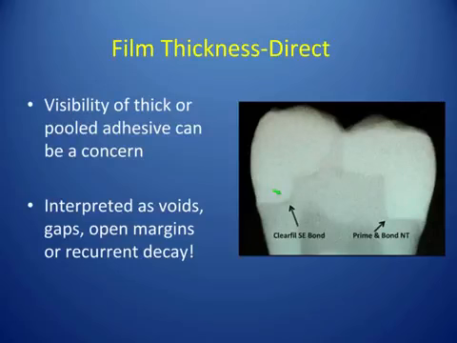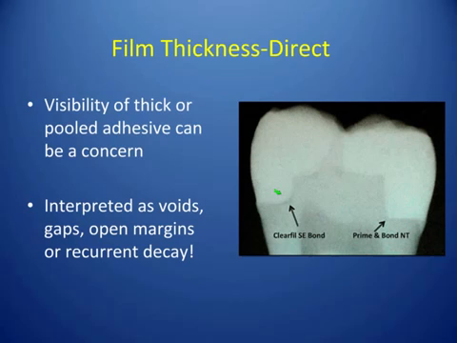The reality is it may just be thick adhesive, but that opens us up for the opportunity of misdiagnosis, of poor communication between clinicians, especially in multiple practitioner offices. So something as benign as even film thickness can be very impactful to the longevity of the restoration.